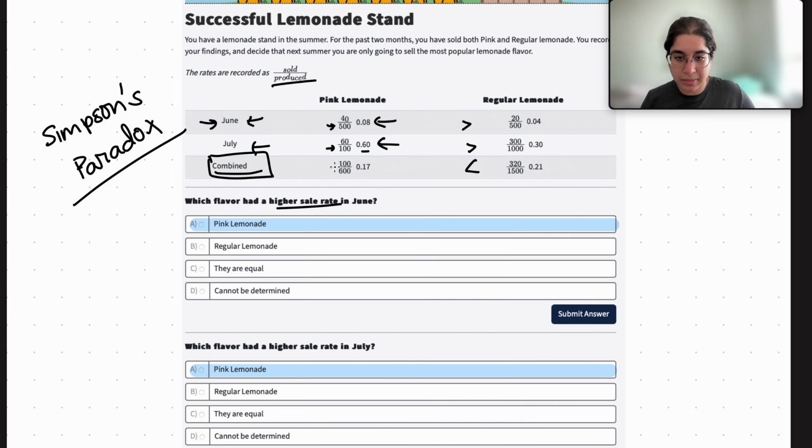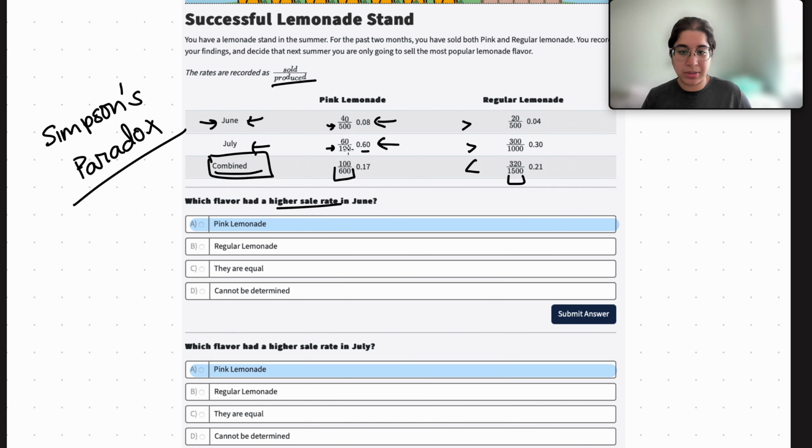But when we actually combine these totals, we're looking at totals of 600 for pink lemonade versus 1,500 for regular lemonade. So we can see here that there's actually a difference in sample size, right? Because the total is much more for regular lemonade, which is why the combined sale rate is higher than what we saw in pink lemonade.